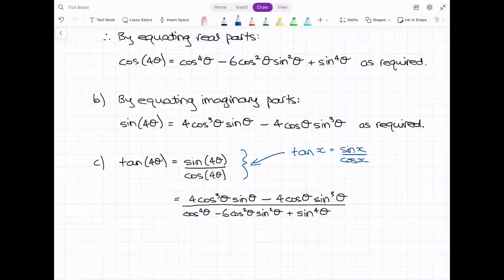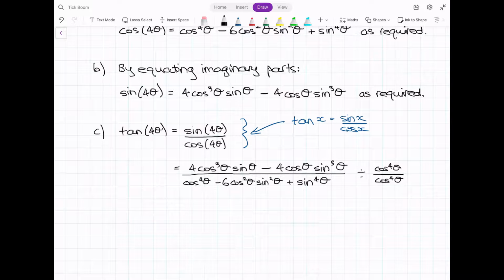We want to make use of that again, and the way we can do that is if we divide both the numerator and denominator by cosine to the power of 4 of theta. If we're dividing top and bottom by that, we're not changing the expression, but what you'll see is we'll end up with sine divided by cosine of the same power of the angle, and that's going to allow us to get everything in terms of tan.